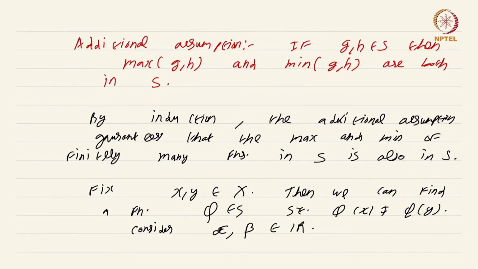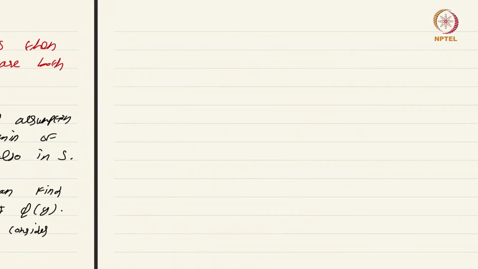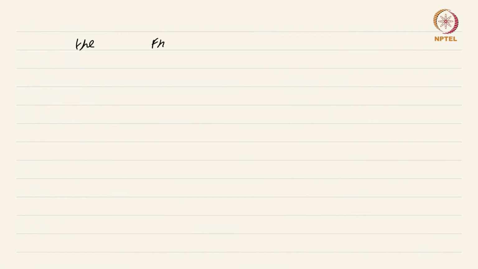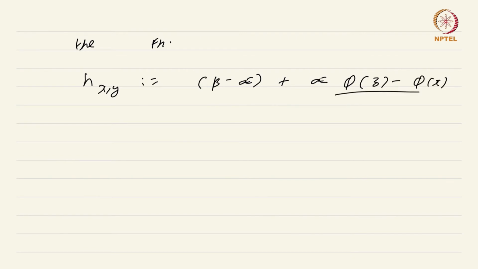Fix two real numbers alpha and beta in R, and consider the function h(x, y), which is by definition equal to, let's see whether I can get this right, beta minus alpha plus alpha times phi(z) minus phi(x) divided by phi(y) minus phi(x).